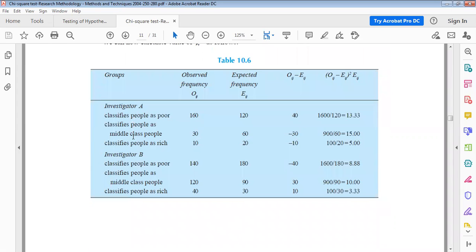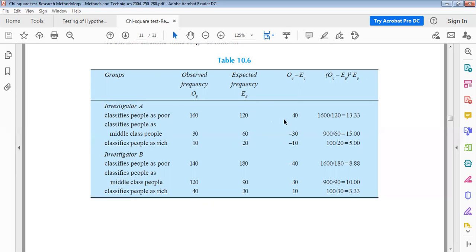Now group 1 for investigator A, observed value is this, first row. This is the second row, and expected values for the individual cells we get this. Now just taking the difference between these two, Oi minus Ei, then making a square and dividing by the expected value.